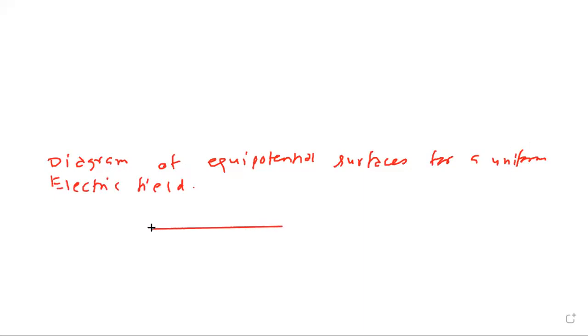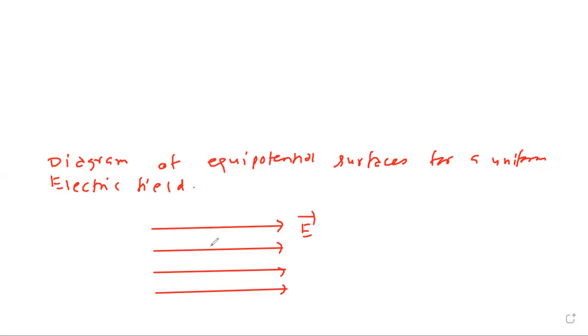Uniform electric field is that field which has the same value throughout and the same direction throughout. They are represented by parallel lines which are equispaced. So I'm just drawing electric field lines equispaced. That means they are uniform. Uniform means their value is the same, their direction is the same at every point. So this is an electric field which is uniform.